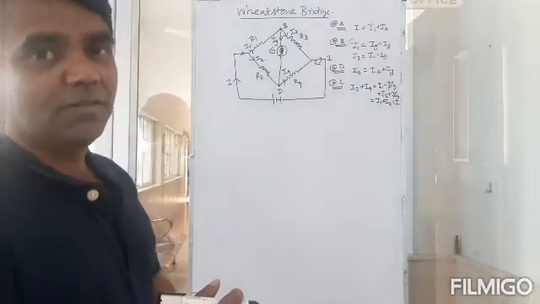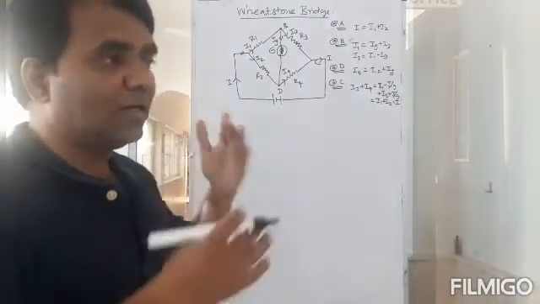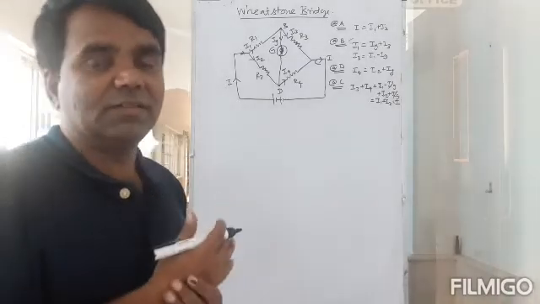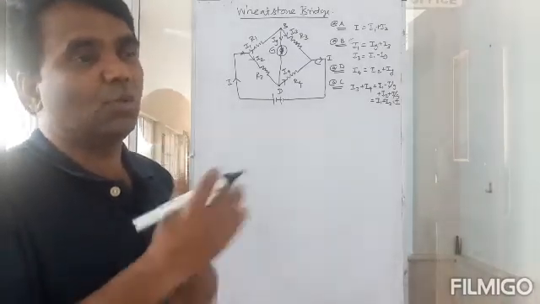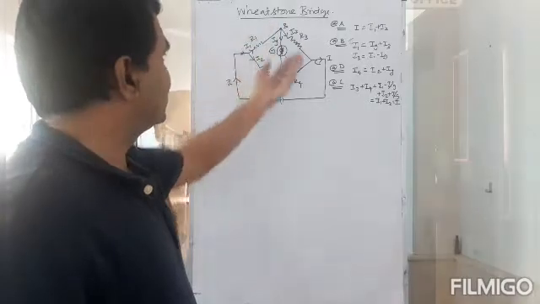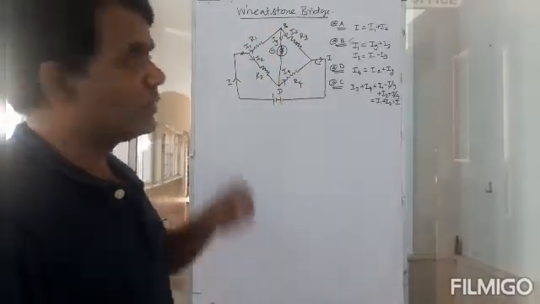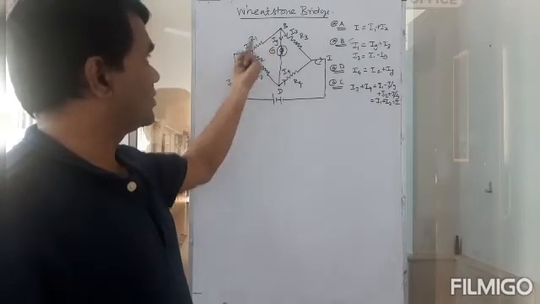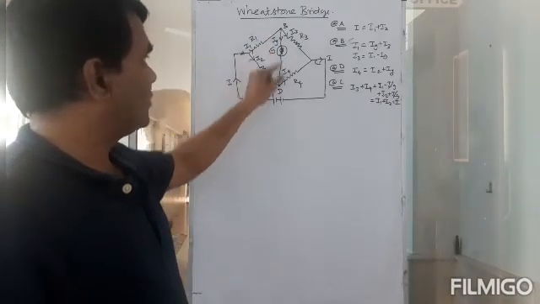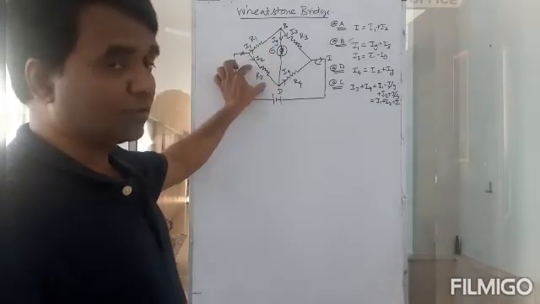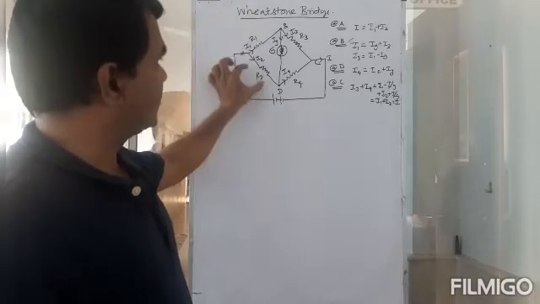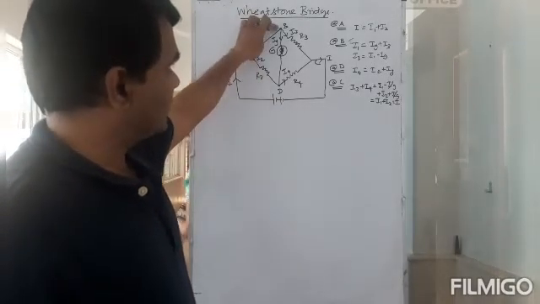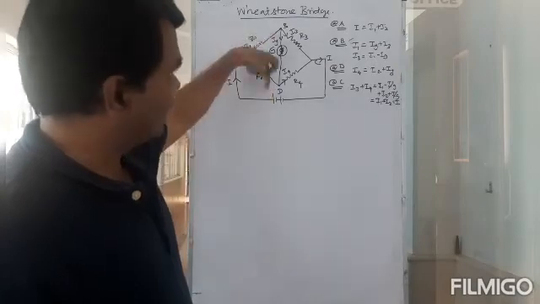So how and when can this happen? What is the condition? What kind of resistances must I have so that the voltage drop across R1 because of I1, I1 R1, must be equal to I2 R2? If I1 R1 is equal to I2 R2, then this potential and this potential will be the same.